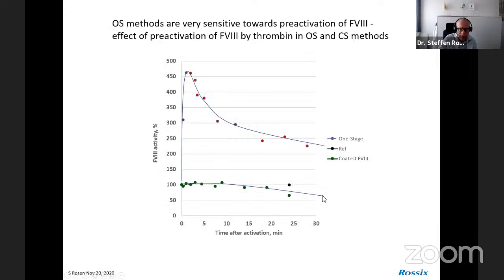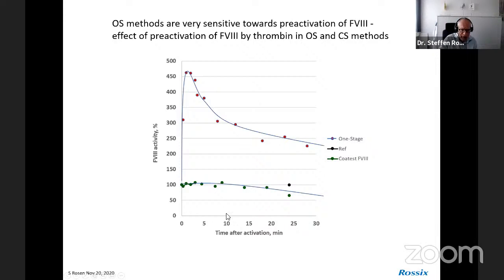Some examples here, just to show you that the very high sensitivity in the one-stage method towards pre-activation of factor VIII has been published in several cases. This is taken from our 1985 publication, where we measured factor VIII activity with the Coatest kit and the one-stage method at various time points after activation by thrombin.